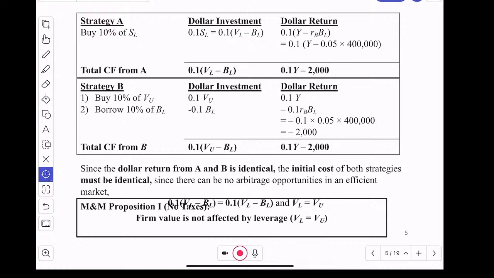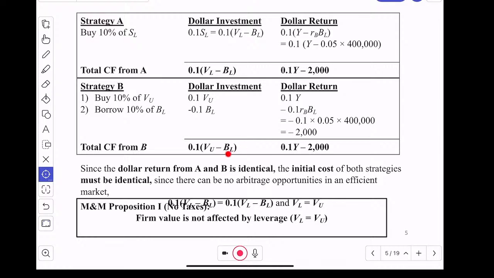However, because borrowing is available to the investor at the same rate as the firm is lending, they're going to borrow 10% of the same amount as the levered firm has issued. Okay, so in so doing, the dollar investment simplifies to this amount. So this is the dollar investment in the unlevered firm.